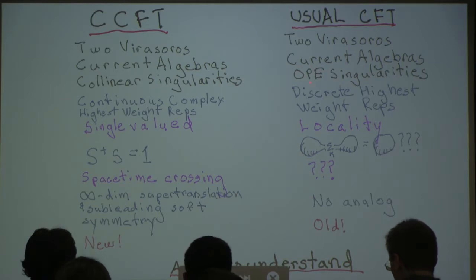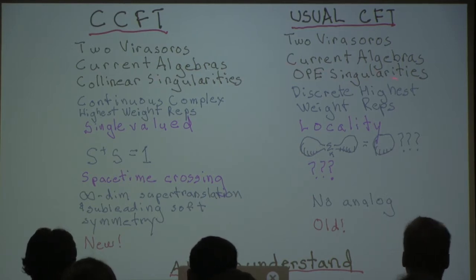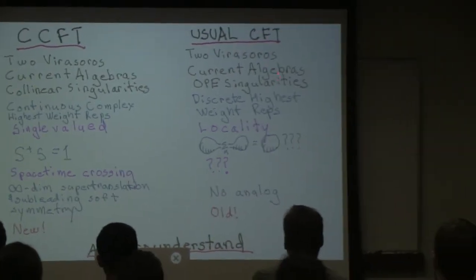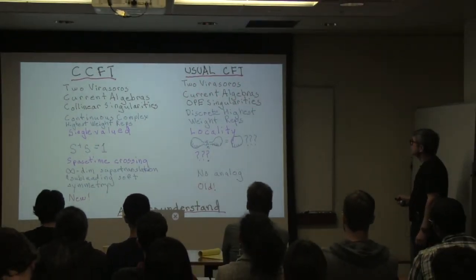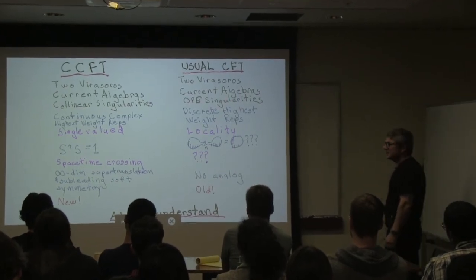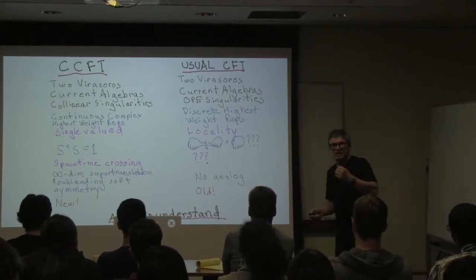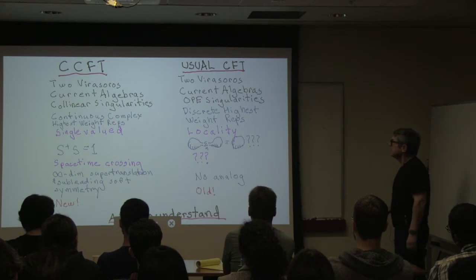In usual, and I'm going to talk about this particular line a little more because we've recently made some progress on this. In a usual conformal field theory, there's a lot of discussion of OPE, the OPE expansion. A lot has been learned by analyzing that.